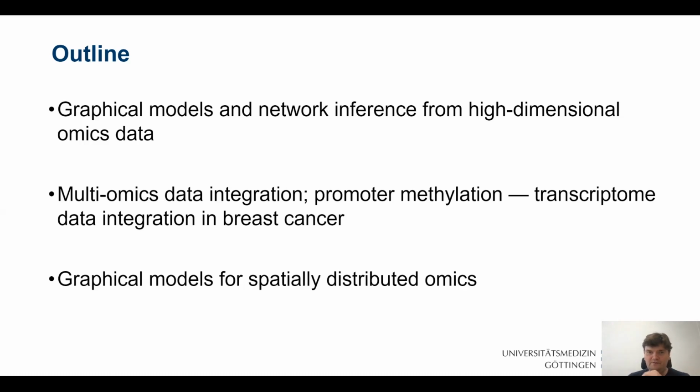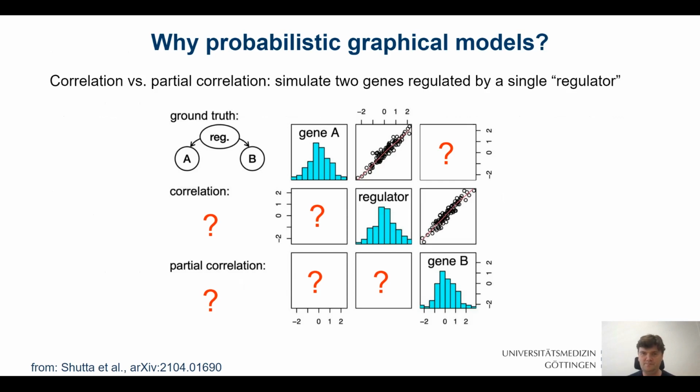Let me first make you more familiar with the concept. For that purpose, I did some introductory simulation where I compare ordinary Pearson's correlation with partial correlation. And partial correlation, that is a graphical model. Specifically, it corresponds to a Gaussian graphical model.